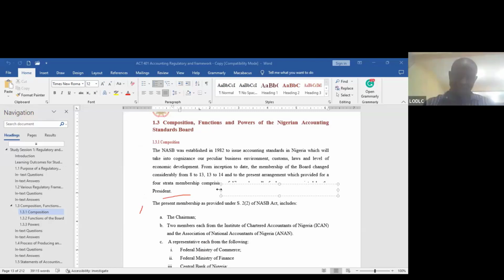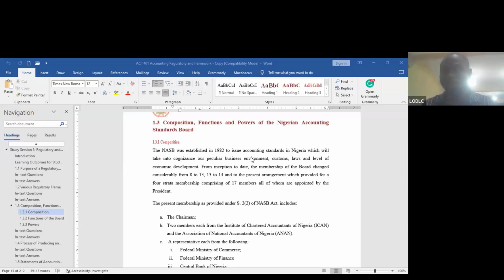So now let us look at the impact of globalization. I said something the other time. I said we want to harmonize the accounting standard. We might find it difficult to harmonize it if the entire world is no longer a global village.